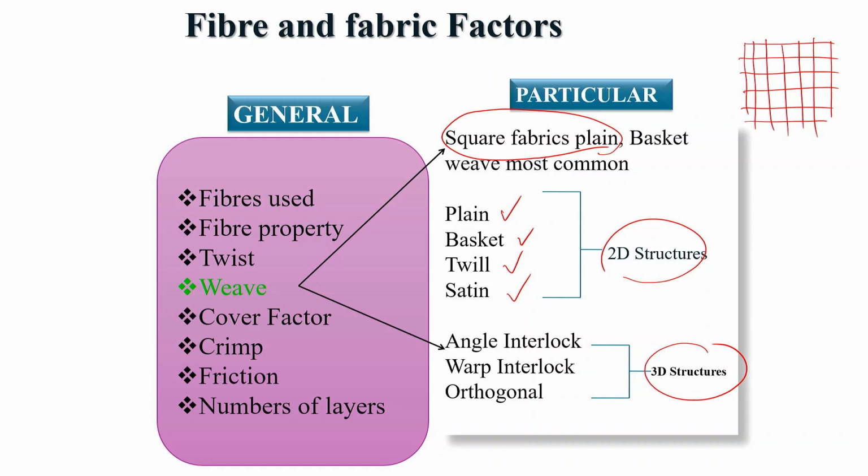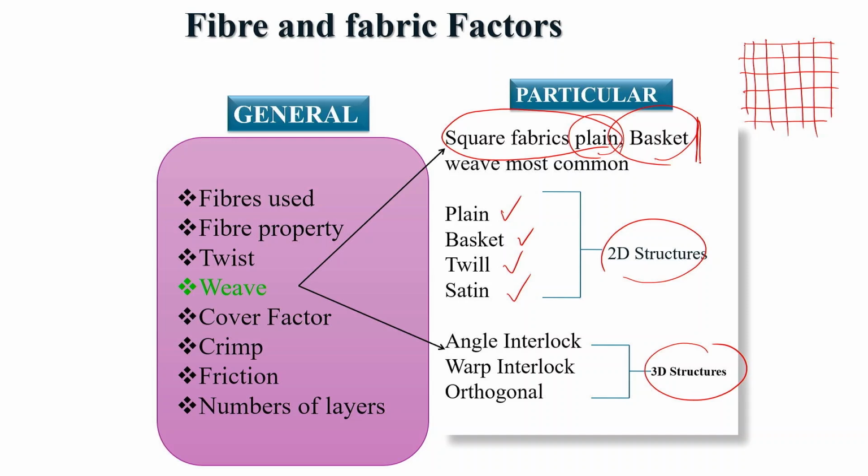We try to keep characteristics such as thread density, thread linear density, even crimp, all these parameters the same. So, square plain fabric we can use, and even basket weave is used; these are very common.